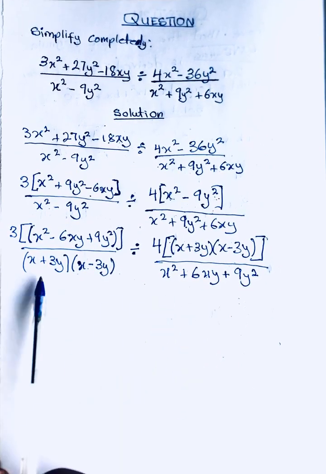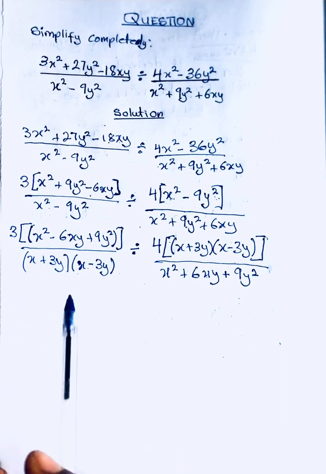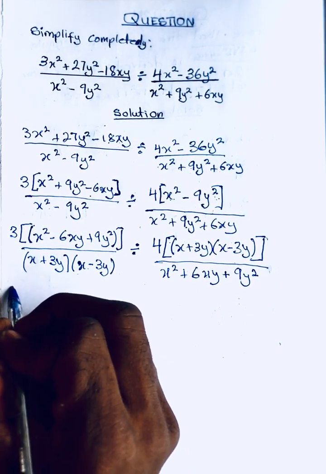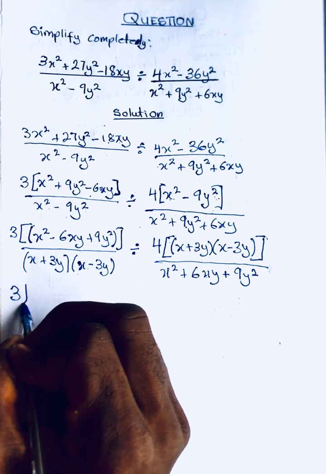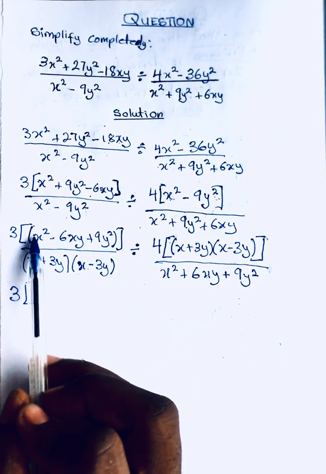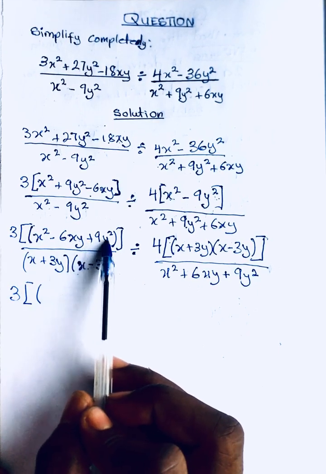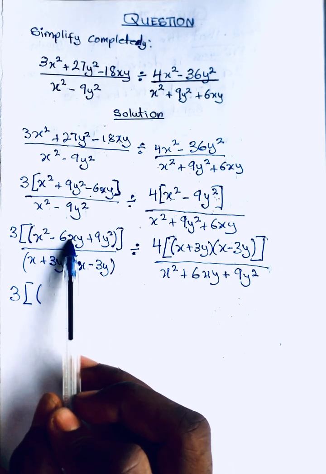Okay, at this point we are going to simplify these brackets. It will be 3 brackets. In this case, the coefficient of x squared is 1 and the coefficient of y squared is 9, but we have xy here.